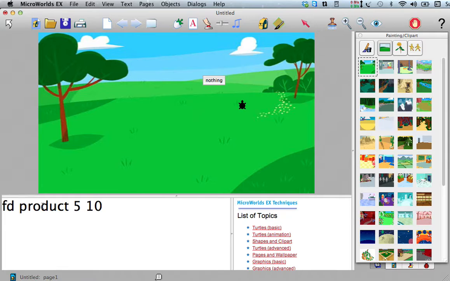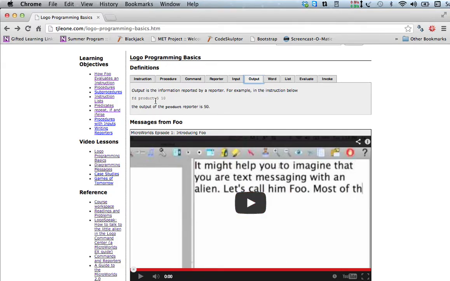So product is a reporter. It takes two inputs and then it outputs the product of those two inputs. So it's going to output a 50. The output of product becomes the input to forward. So that's the idea of output.